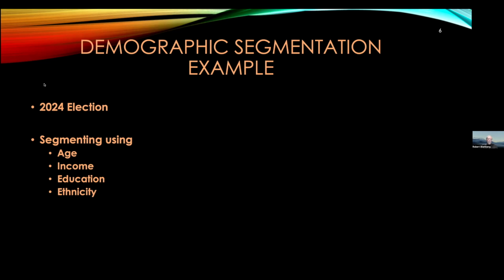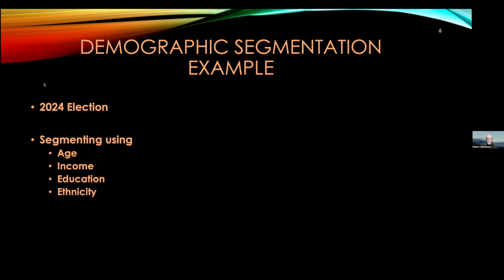This isn't intended to be political, but there's so much information being provided right now about the 2024 election, particularly the presidential election. When you read about what the different parties are doing, they're segmenting using demographic segmentation. They also do a lot with behavioral segmentation. I'll mention that in a minute.